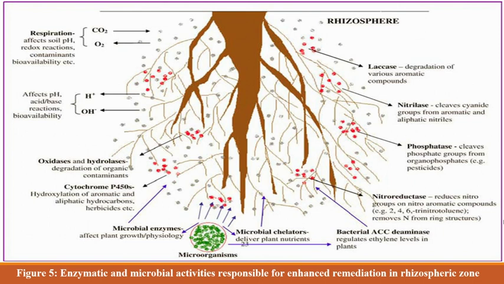Now let's take a look at some things that happen in plants in phytoremediation, considering the rhizosphere. Okay, now there you can see respiration. The left side talks about respiration, where CO2 and oxygen are being exchanged.